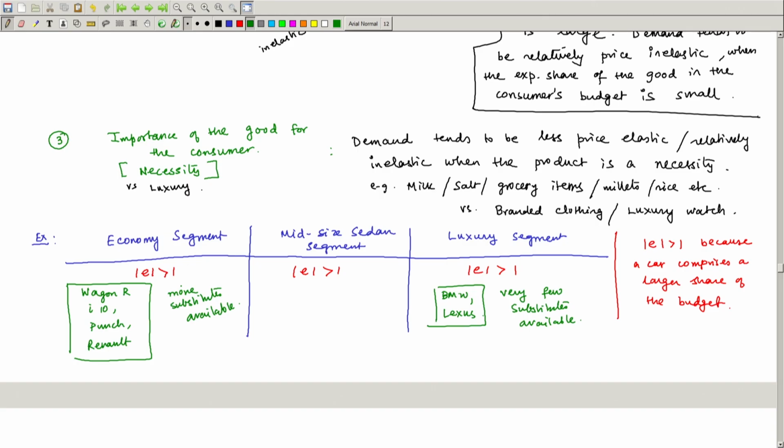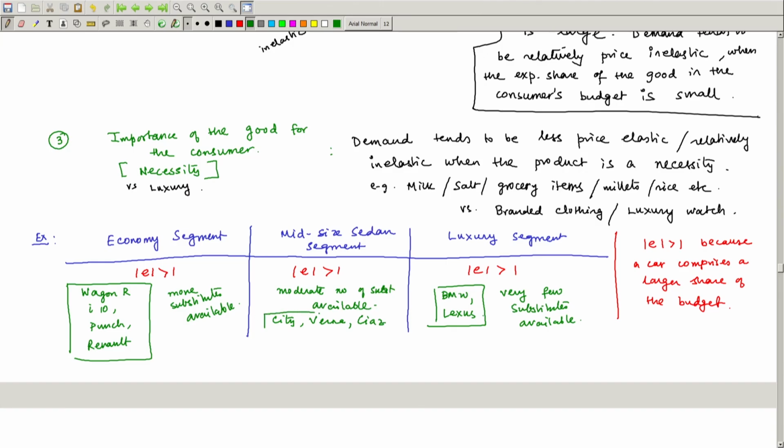And in the mid-size sedan segment, you are going to have substitutes which are not many and which are also not very few. So, there are moderate number of substitutes available. For example, you could have a Honda City, right, a Verna or a Ciaz, right.